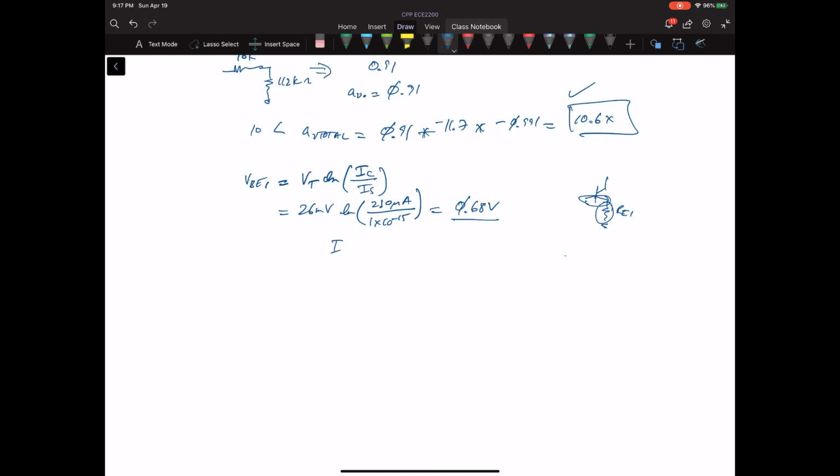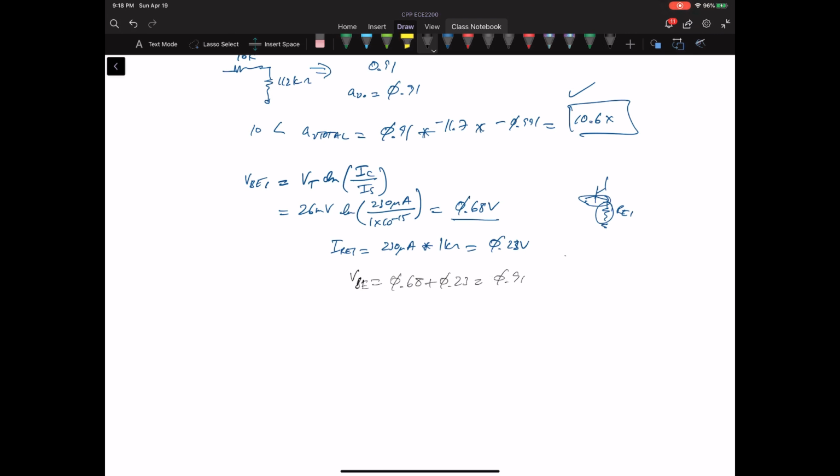So I of RE1 is 230 microamps times 1 k ohm, which is 0.23 volts. We need to add these two together to get the actual VBE of the circuit. VBE is 0.68 plus 0.23, which is equal to 0.91.